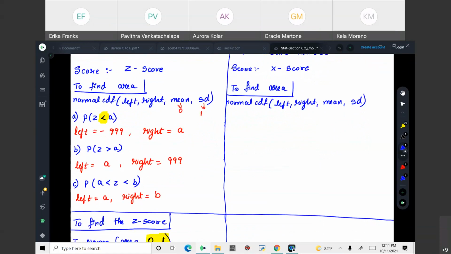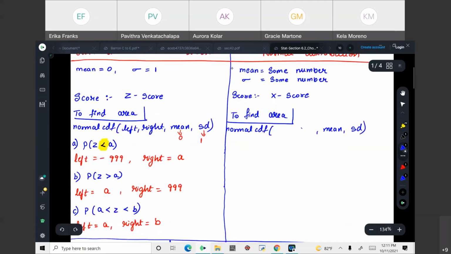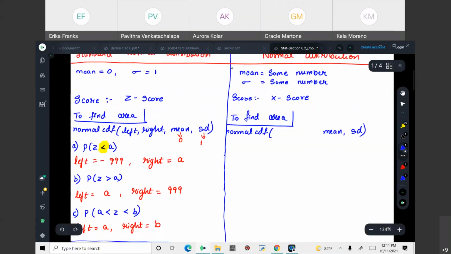Now, what about the left and right values? When it comes to normal distribution, you will not have left or right. Rather, you will have something called lower and upper value. So you will have two numbers.